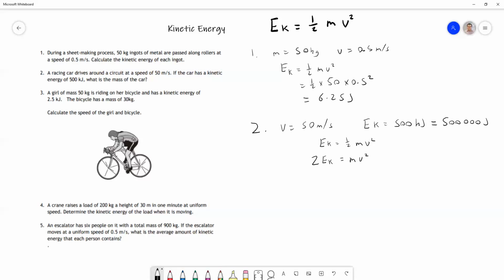We can take a similar approach and divide both sides by v squared. So we have 2EK divided by v squared on the left, and on the right we just have m, because v squared divided by v squared is 1, and we get m times 1, which is m. Of course, I can write this the other way around to say that m is equal to 2EK divided by v squared.